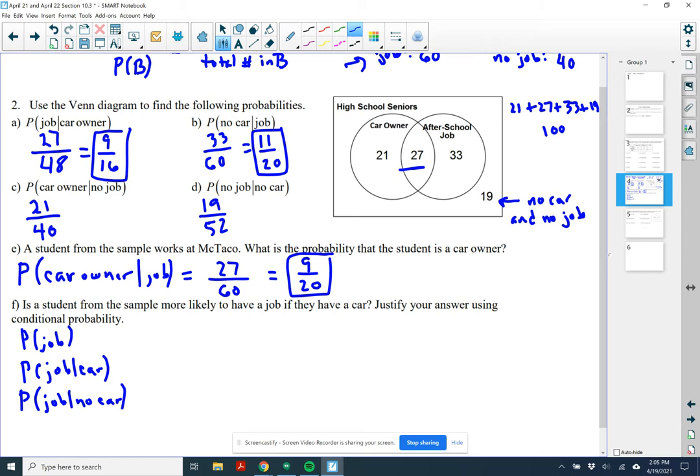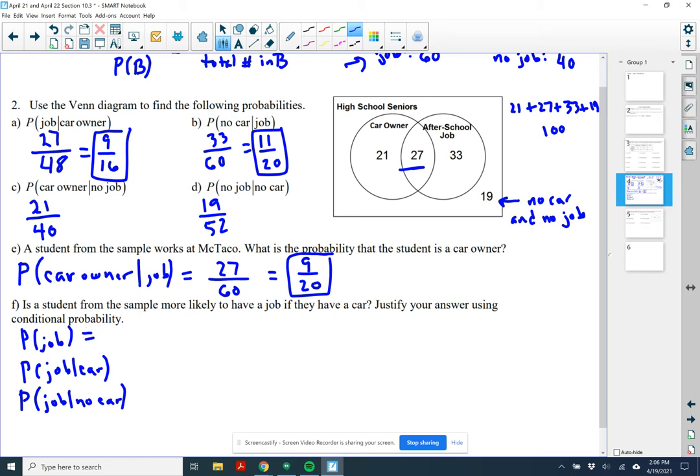Is a student more likely to have a job if they have a car? If that's the case, we would expect that this probability would be the highest of them all, right? If they're more likely to have a job when they have a car, then the probability of a job given that they have a car should be the highest. So let's calculate those three probabilities and compare them.